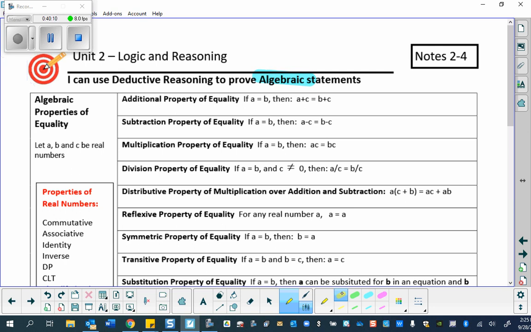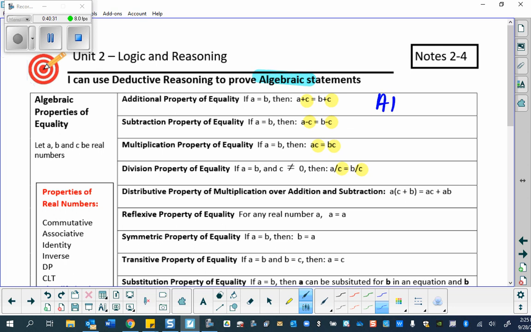When you were in algebra, you learned how to solve equations by using your properties of equalities. You were able to add the same thing to both sides of an equation, subtract the same things from both sides of an equation, multiply and divide the same things on each side of the equation.